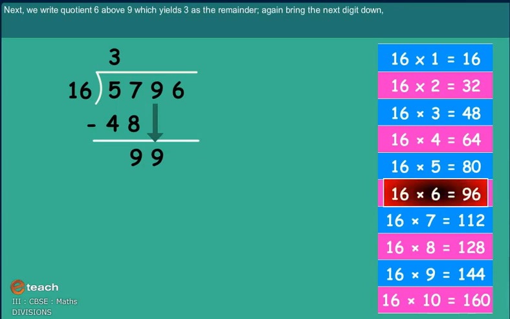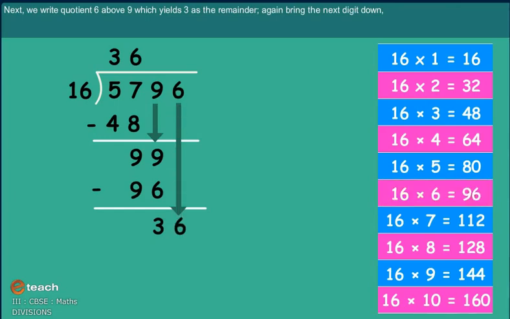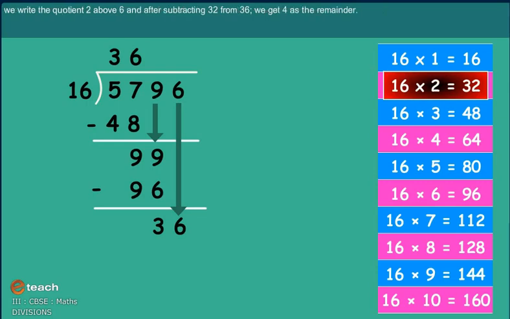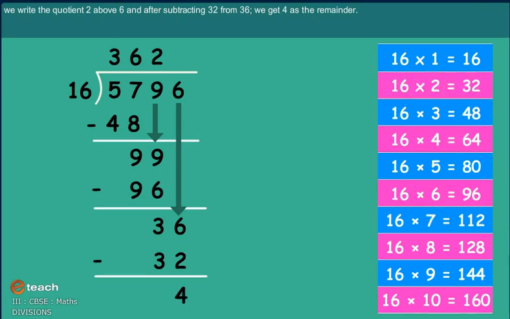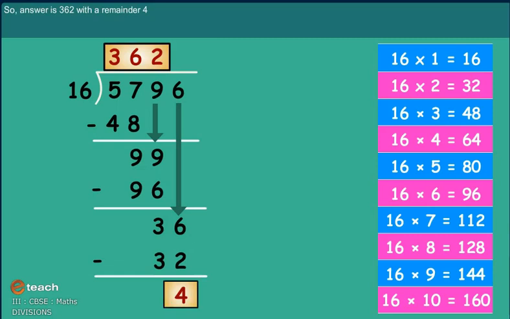We write quotient 6 above 9 and yield 3 as remainder. Again bring the next digit down. 2 as quotient we write above 6, and after subtracting 32 from 36, we get 4 as remainder. So the answer is 362 with remainder 4.